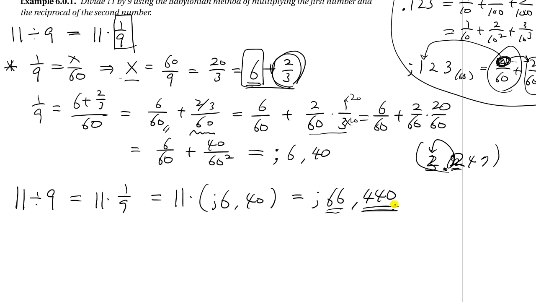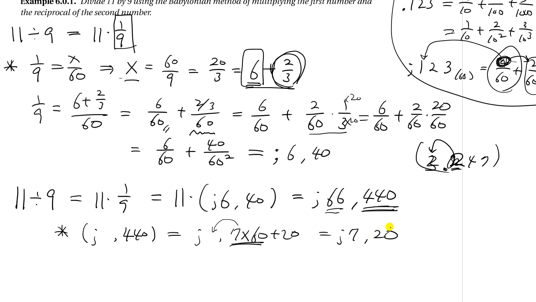So 440. Let's calculate one by one. Let me make sure the position is the second place. That can be changed to how many 60s? 7 times 60. Please calculate, and the remainder is 20. Then that portion must be carried over to that place. So semicolon 7 comma 20.